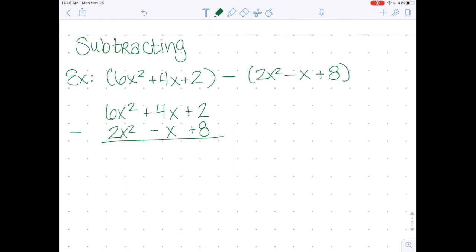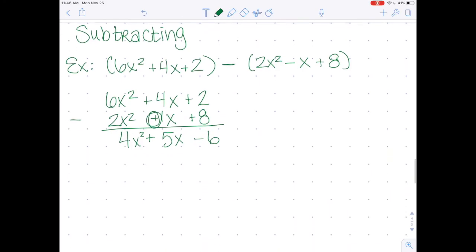Okay, so 2 minus 8 is negative 6. 4x minus negative x, this turns into a plus a positive, so 4x plus 1x is positive 5x, and then 6x squared minus 2x squared is 4x squared. So with subtracting, you really have to be careful when those negatives turn into positives and what you're doing there.